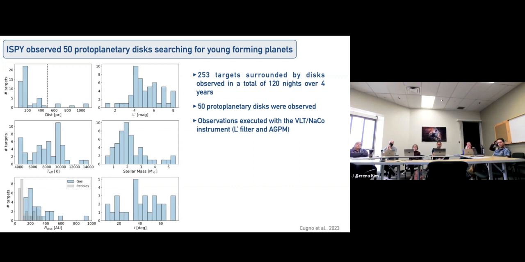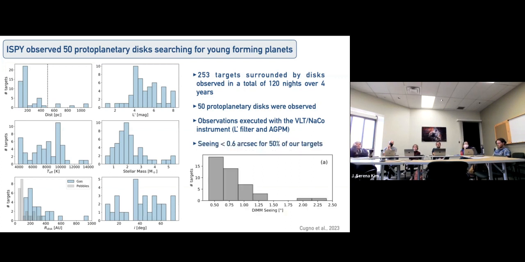We always use the L prime filter, and whenever possible, we use the AGPM coronagraph. Now, because it's a large survey, we had some freedom with how to arrange our observations, and whenever the observing conditions were not good, we were able to just request to reobserve the target with some extra time that we have.